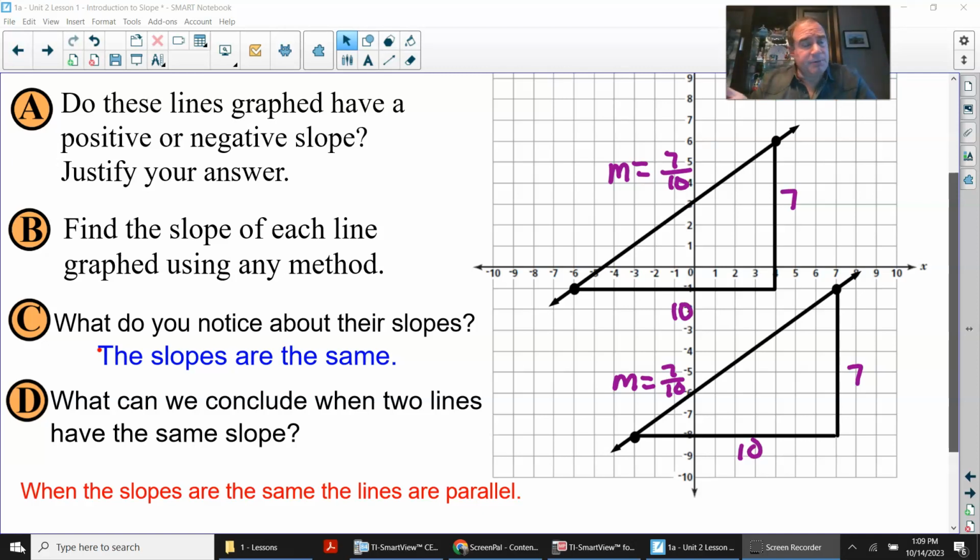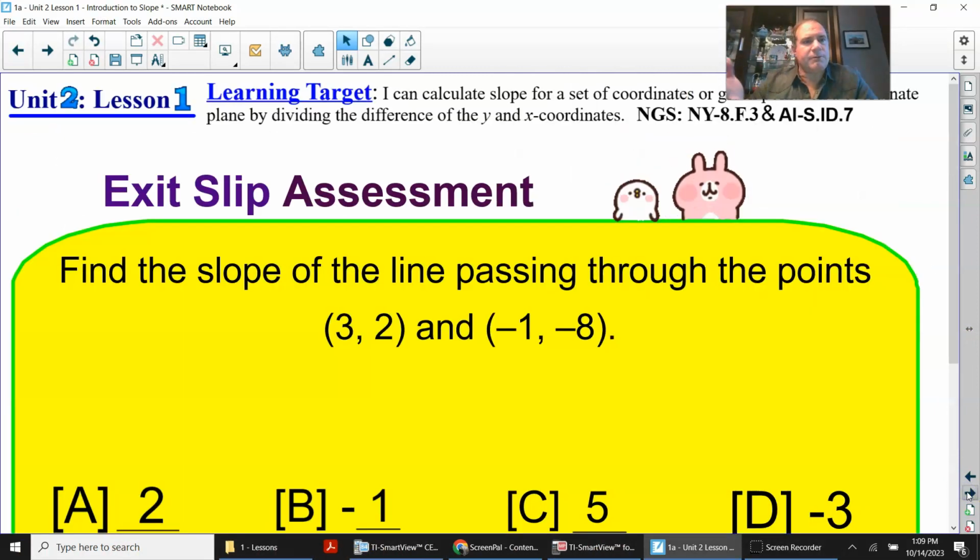And pretty simple because it's positive. They're going up from left to right. What do you notice about the slopes? The slopes were the same, 7/10. And then can you conclude with two lines that have the same slope? When the slopes are the same, the lines will be parallel, and that's it. Parallel lines have the same slope, and that's really what this whole page is showing you.